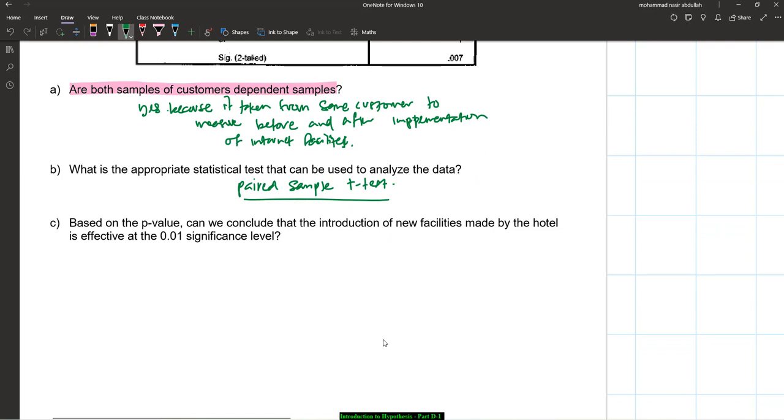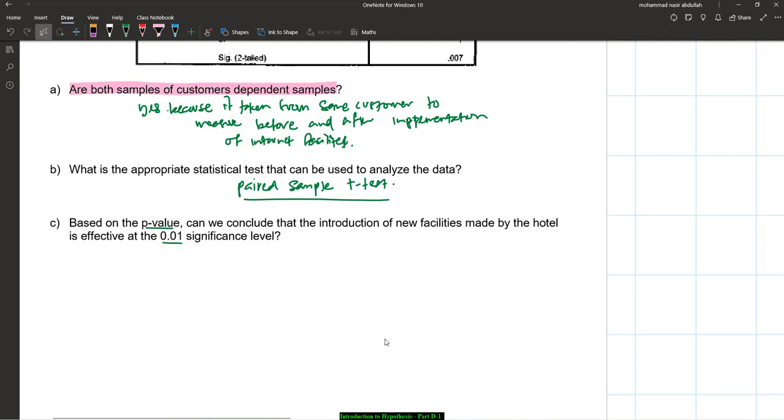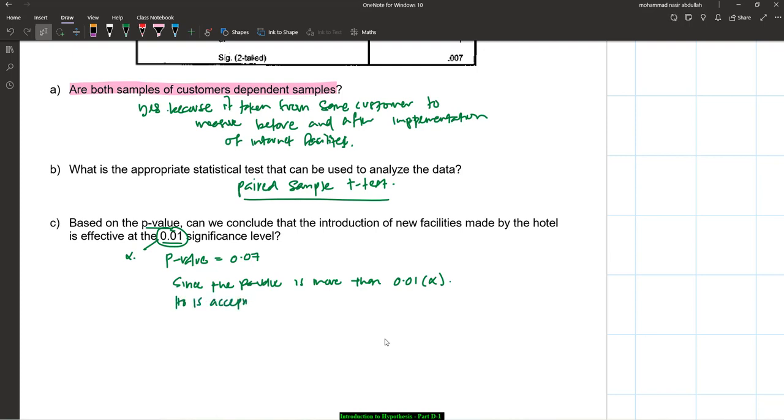So based on the p-value, can we conclude that the introduction of new facility in the hotel is effective at 0.01 level of significance? So first, we look at the p-value, which is equal to 0.07. Since the p-value is more than 0.01, which is our alpha, here is our alpha, right? So then the null hypothesis is accepted, right?